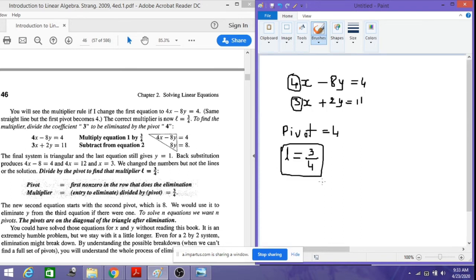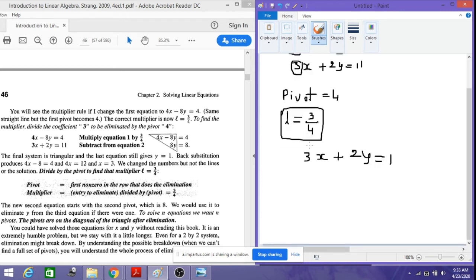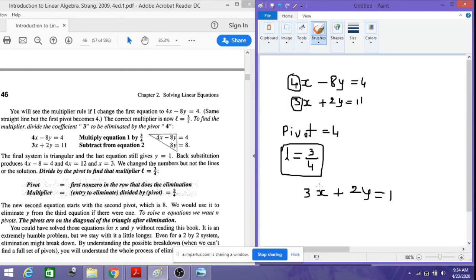Now let us multiply these. Let me write the first equation here. Sorry, the second equation, so plus 2y equal to 11. So now I'll multiply this 3 by 4 to the first equation. So what do I get here? 4 and 4 get cancelled. I'll get 3x.